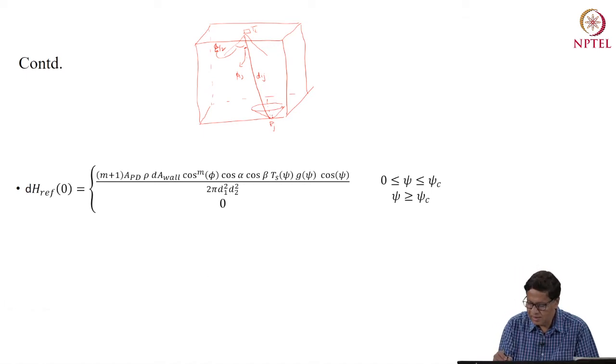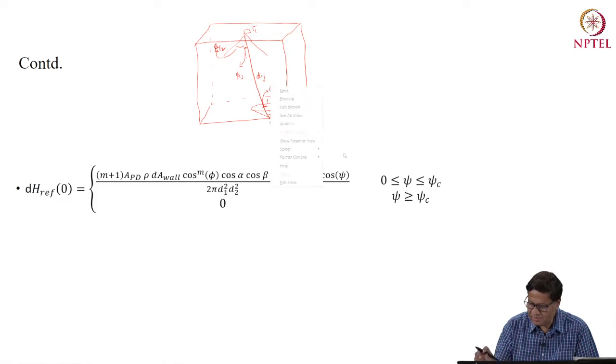And the maximum angle where the light is accepted by the receiver is theta c. And this angle which LOS makes with the normal, this particular angle, this is phi ij.